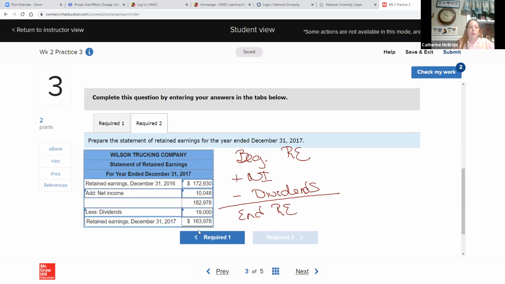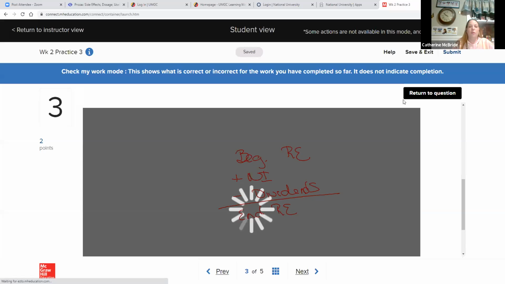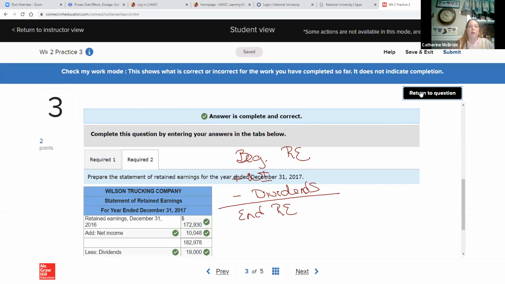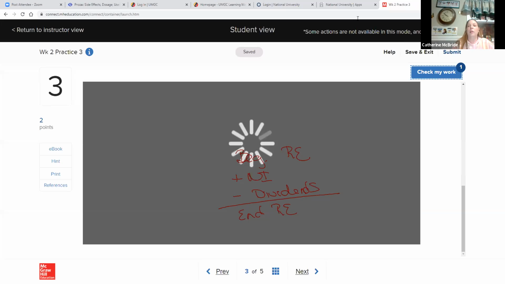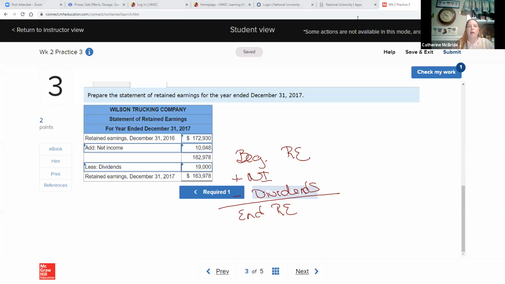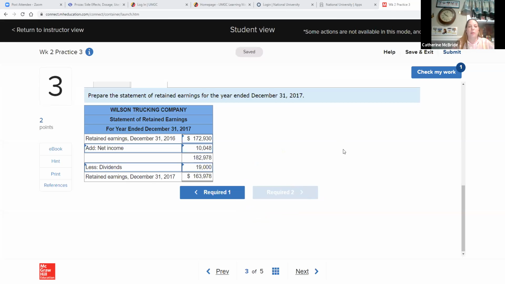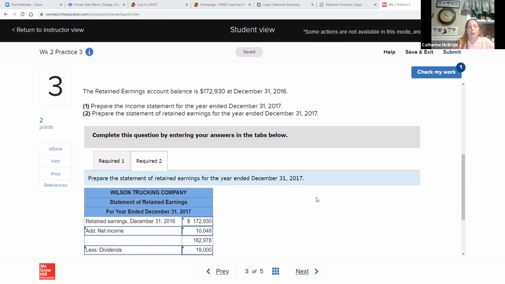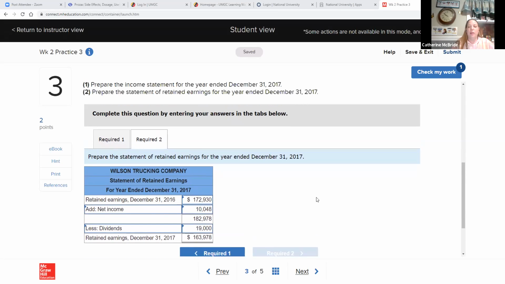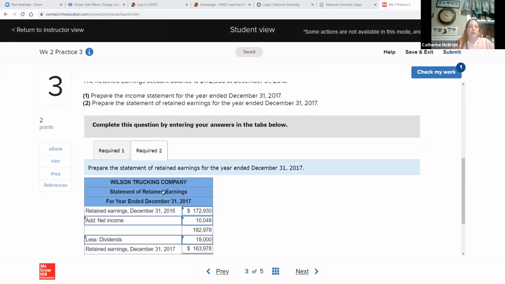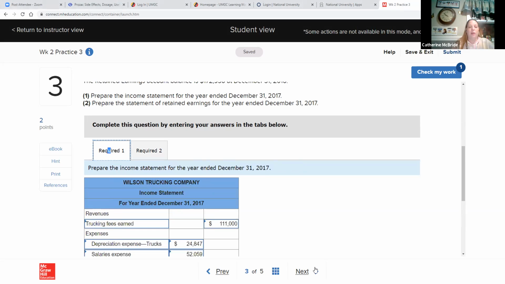So our total is $163,978. But the first thing that you have to do is go up to that trial balance and eliminate everything that you don't need so that you're not looking at as much stuff. And you think about, well, what does each statement tell you? Because they're new for you. So are we good here with the statement of retained earnings and the income statement?